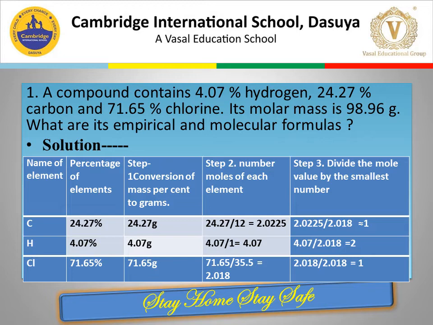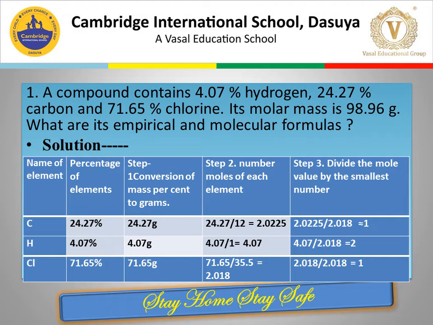Convert each one of them into moles. That is done by dividing the given mass by the molar mass. So 24.27 is the given mass. Dividing it by 12, that is the molar mass, will give you the number of moles of carbon, and it is equal to 2.0225.